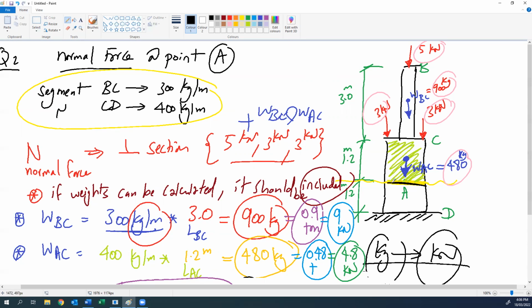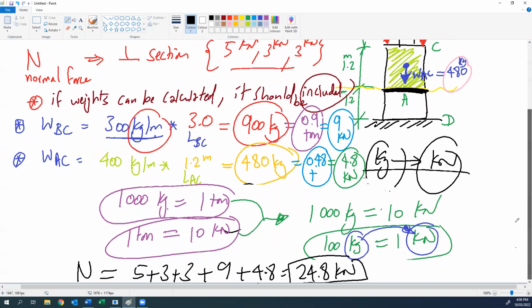Because if you are at A here, all the forces are pushing to A, so this force is a compression force. So I will give it a negative sign. This negative means this force is compression. Okay? Do you have any question for this one? No problem? Okay.